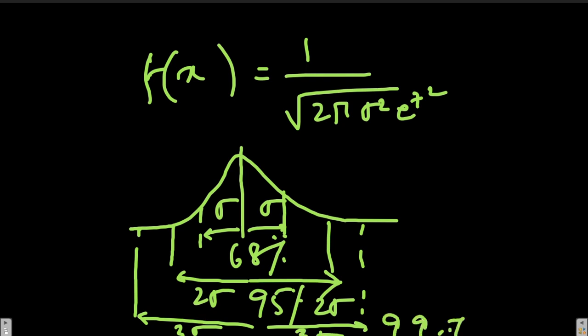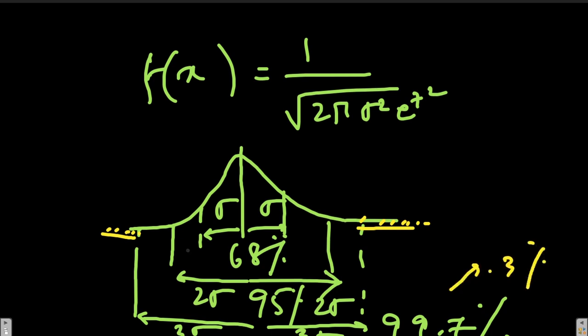So if you take 3 standard deviations on both sides of mu, the area under the curve is 99.7% of the entire area. Only this little part on each side goes up to infinity, which consists of the rest of the area, which is 0.3%.